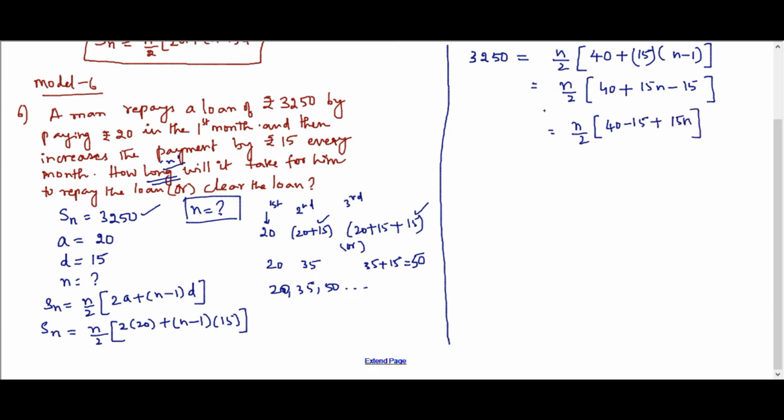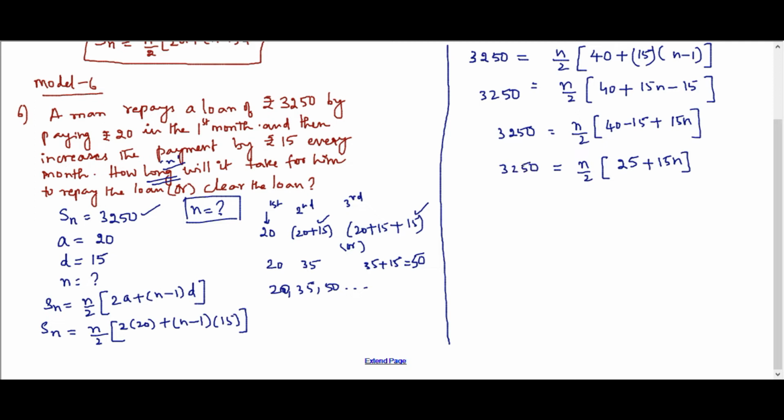You can write 15n first and then 40 minus 15, it's up to you. You just solve however, but you should get this equation. So n by 2 bracket 40 minus 15 should be 25, plus 15n, equals 3250.